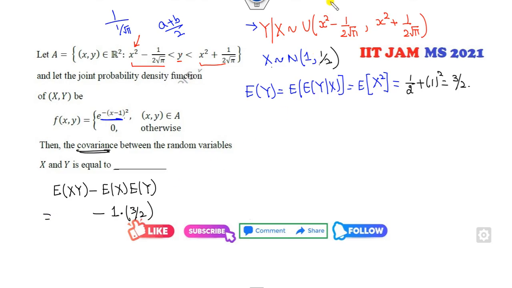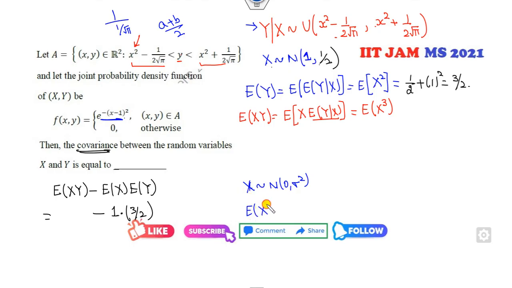Fine. Now I need to find the expected value of x into y. So again, how can you do that? Remember, all the shortcut tricks which are available in the first slides are useful for you. What is the expected value of this? It is x square, so it is x cube. Fine. Now how can you find the expected value of the x cube? But remember, the center is not 0. So if we all know, if my mean is here, then you can find the third moment as 1 into 3 into sigma square.